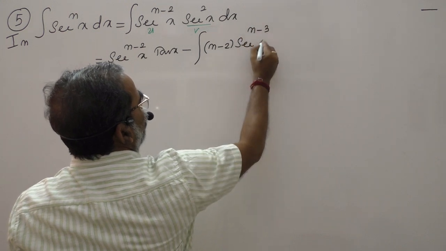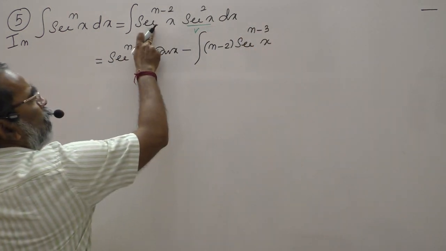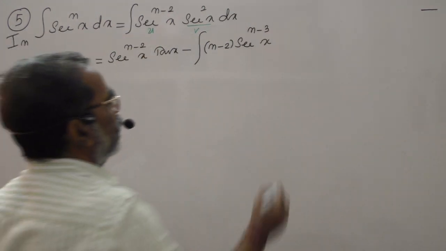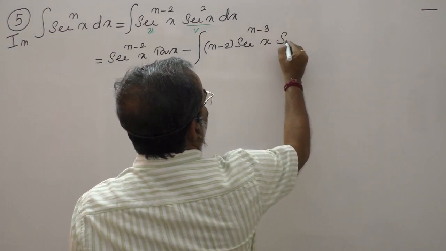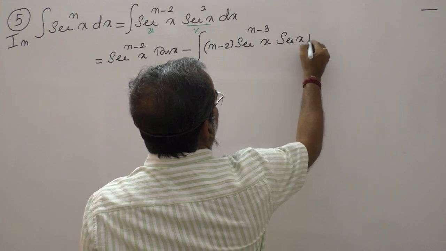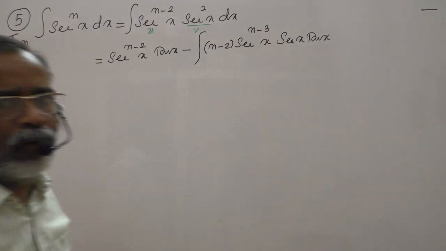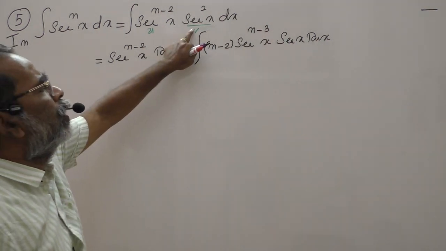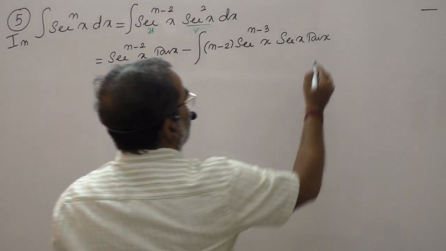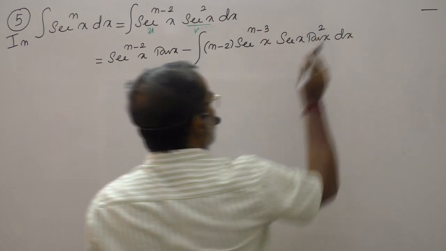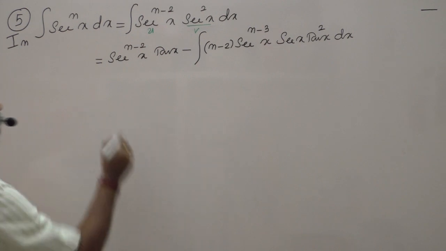That means n minus 3. I have applied x power n. In place of x, sec is there, no? Again I have to differentiate that. Differentiating sec, we get sec x into tan x. And what is the integral of this? It is tan x. Therefore tan square x. I wrote a direct step, no problem.